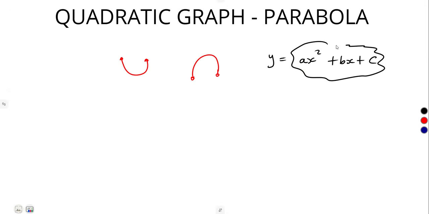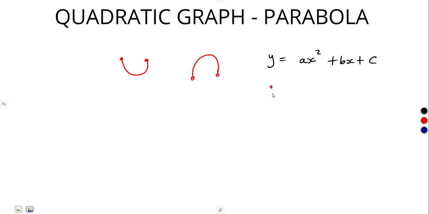Remember the quadratic function presentation. When we are given this format, we know that we are dealing with a quadratic function where the highest power on x is 2.